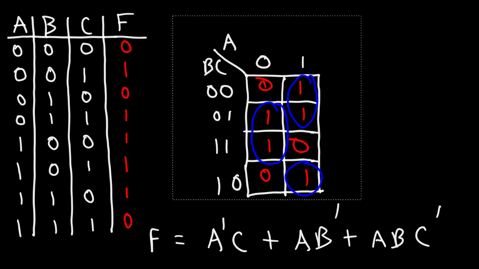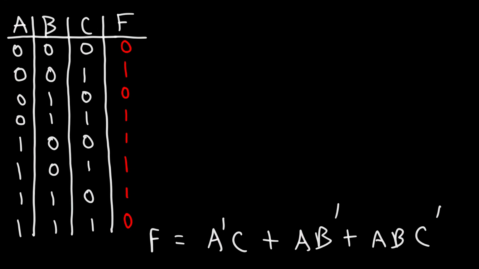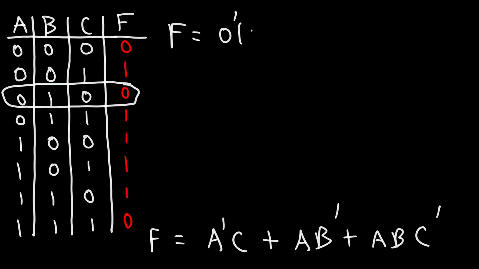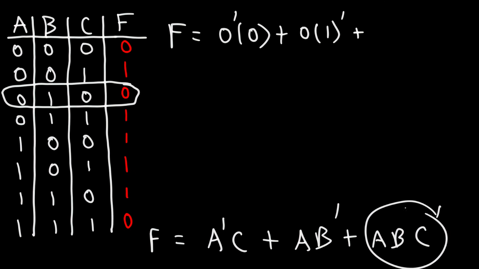Now let's test the function to make sure that we do indeed have the right one. So let's start with what we have here. So A is 0, C is 0, A is still 0, B prime, B is 1, and then we have A, B, C prime.